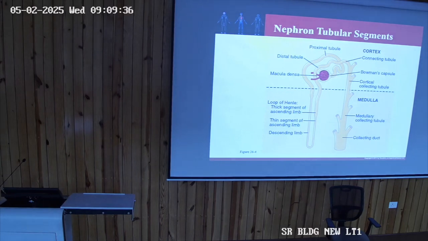Now the steps of formation of urine are further classified into filtration, reabsorption, and secretion. It is not excretion. Excretion and secretion vary. So it is filtration, reabsorption, and secretion. These are the three main steps responsible for the mechanism of urine formation. If the question comes, you have to write down the three main steps involved in urine formation are ultrafiltration, reabsorption, secretion.